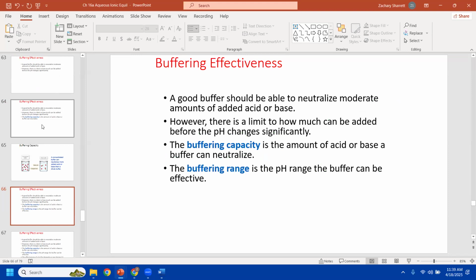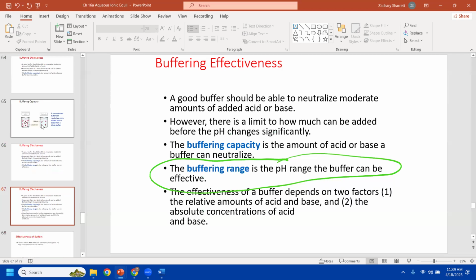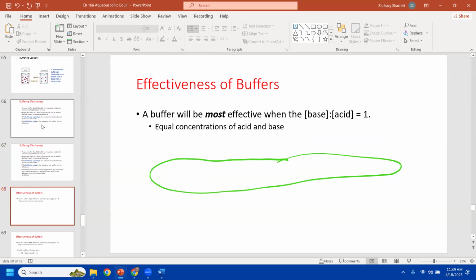The buffering range is the pH range over which a buffer can be effective. In general, you can calculate it. It depends on two factors: the relative amounts of acid and base, and the absolute concentrations. The most effective buffer will be when the base to acid ratio is 1, because if we have 100 and 100, we could take on 100 acids or 100 bases, right?